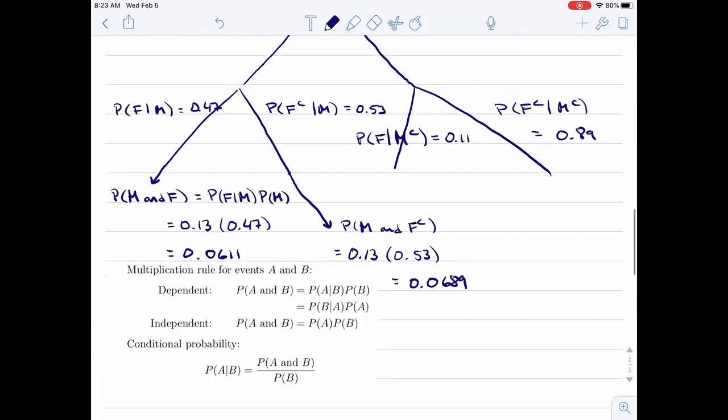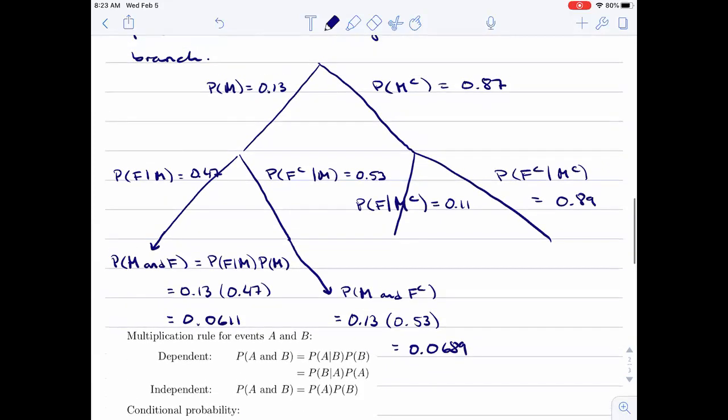because at the end of the day, every student in a class has to be at one of these ends of the branches. They wrote a midterm, they either got an A or they didn't. They wrote a final, they either got an A or they didn't. And so the total probabilities at the end of all these branches has to be 1, because that's all the possible outcomes. All these have to add to 1, and that's how you're going to check it.